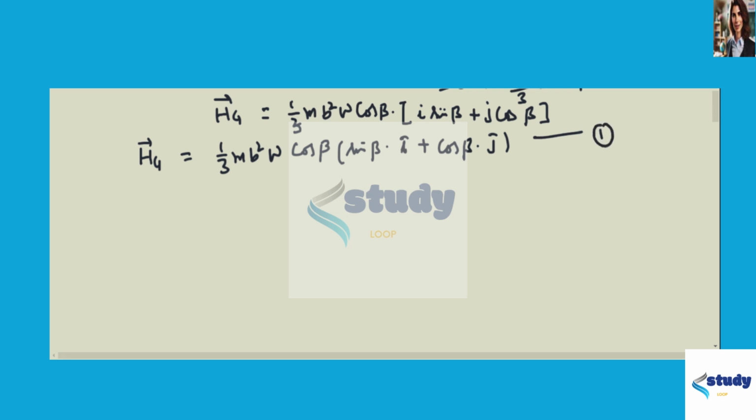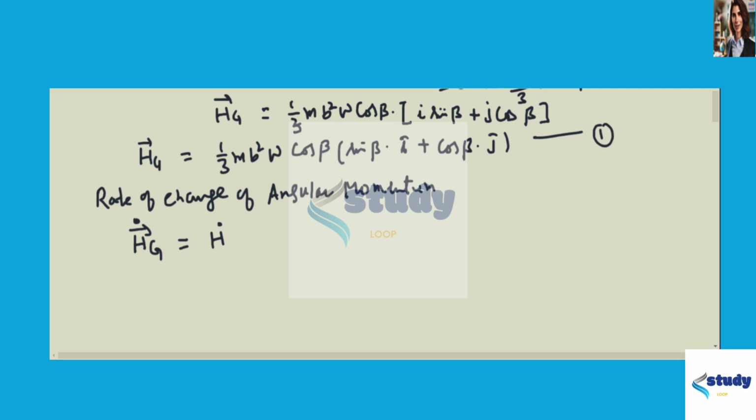Now the rate of change of angular momentum about G, H dot G, can be written as the rate of change of momentum about the Gxyz plane plus omega cross H. This is 0, just a moment.